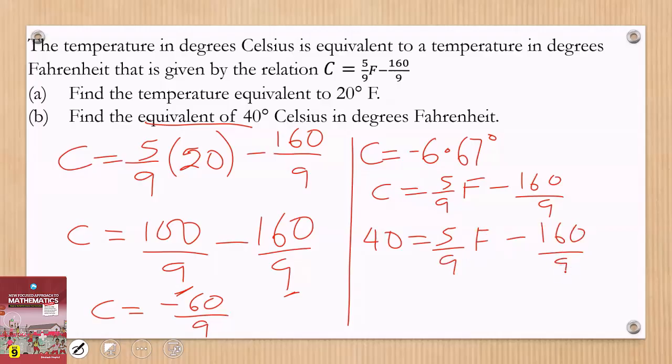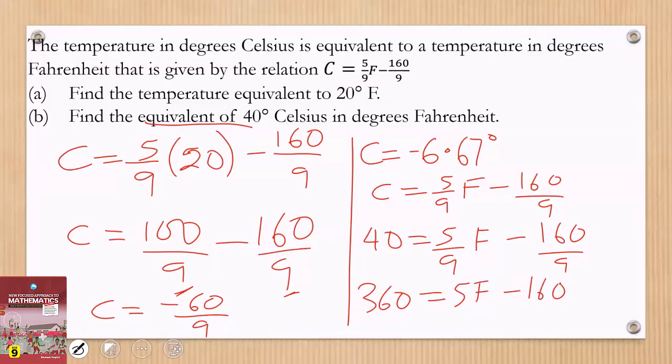So how do we do that? We can do simple arithmetic here, or maybe an equation. We are trying to make F the subject as we've done already. So I can choose to multiply through by the LCM, which will be 9. Multiplying everything by 9 gives us 360 is equal to 5F minus 160.